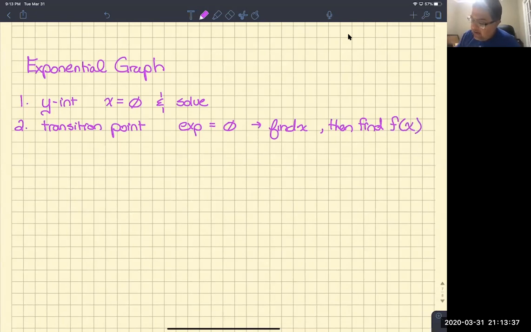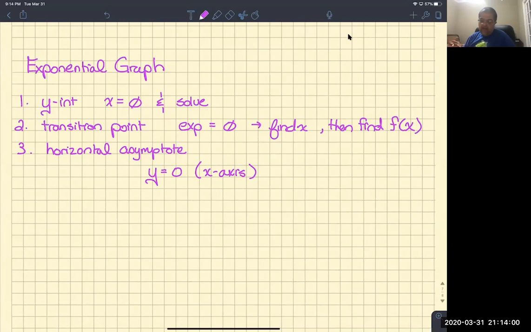Okay. The next thing you need to know is how to find the horizontal asymptote. So the horizontal asymptote is always y equals 0, which is the x-axis, unless you have something added or subtracted to the outside.